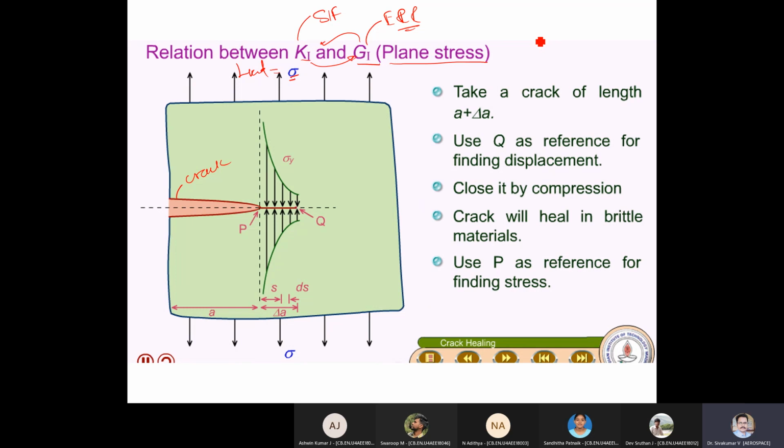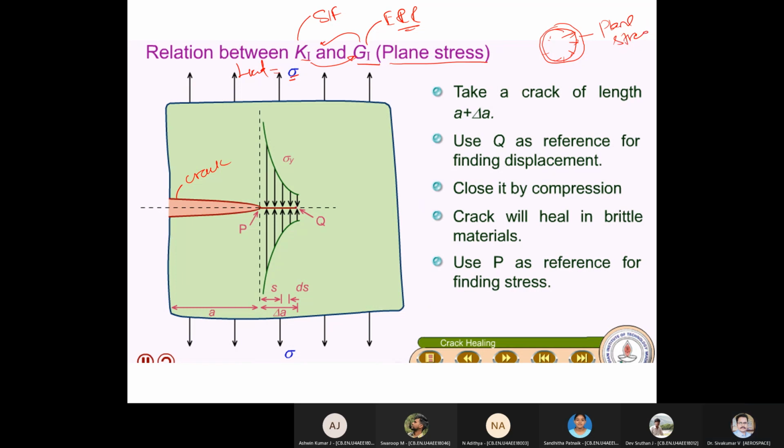Suppose I have a thin strip subjected to internal pressure. Then this is plane stress.